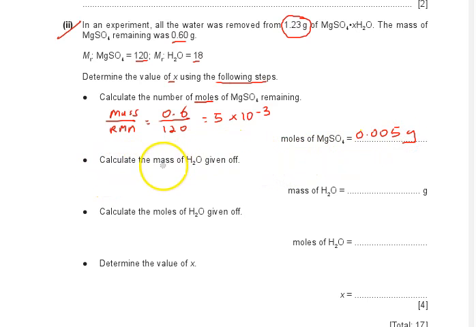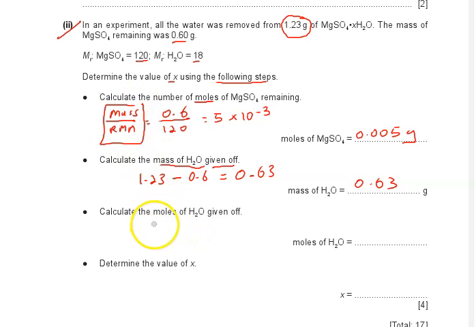Now calculate the mass of water given off. So we have to subtract: 1.23 gram, the initial weight, minus the magnesium sulfate 0.6, is 0.63 gram. To calculate the mole, we take the mass and follow the same formula. 0.63 divided by its RMM, which is 18.